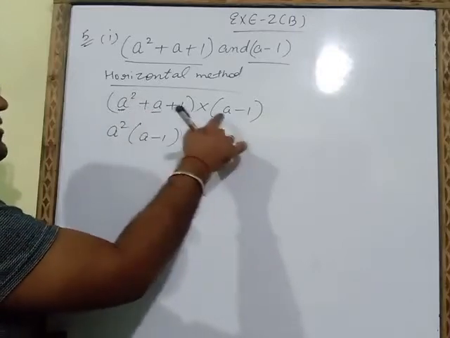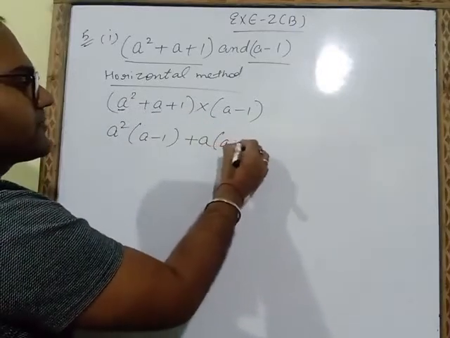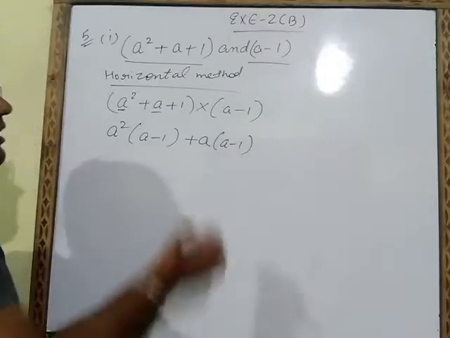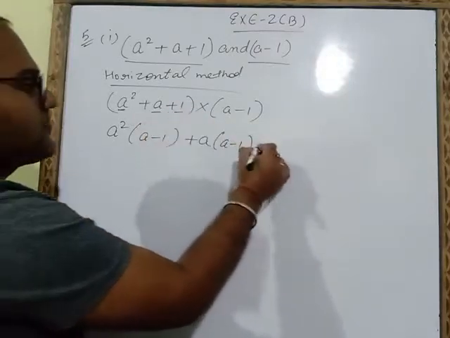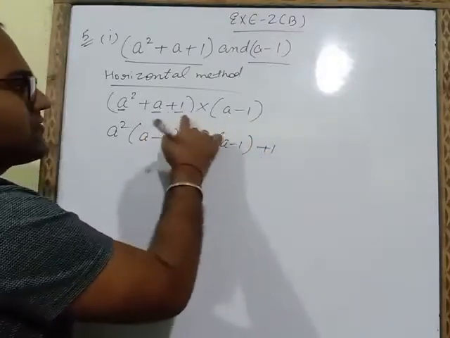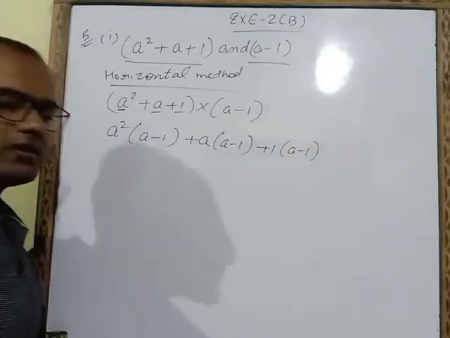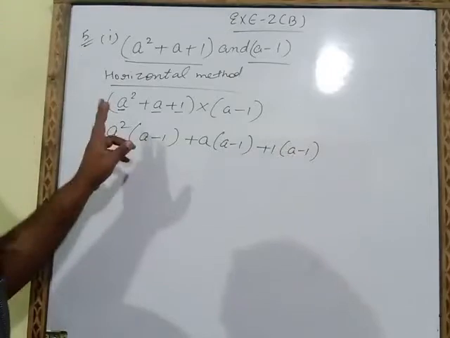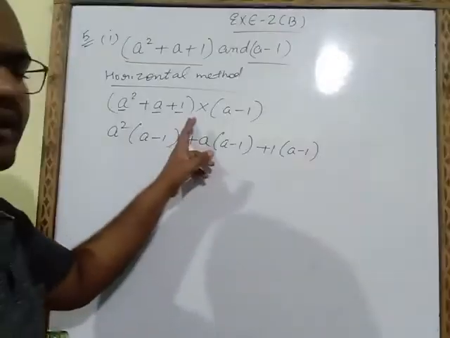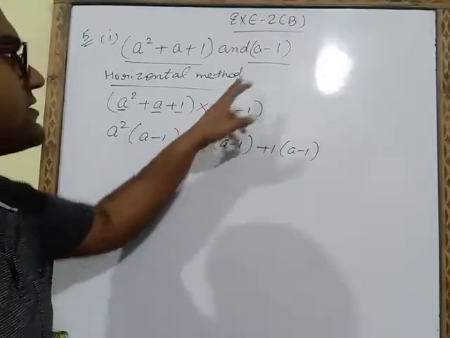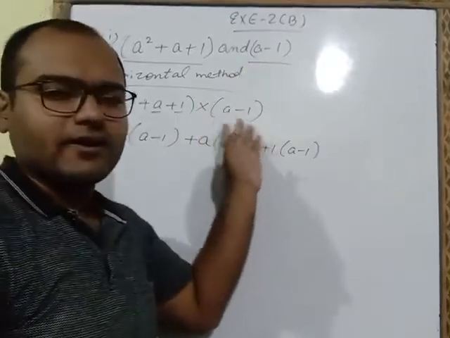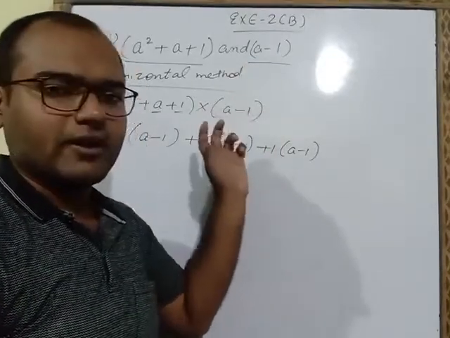This plus a we have to multiply with the full bracket. Now the third term also we will take. The third term is plus 1. This plus 1 we have to multiply with the full bracket. So what we have done here: the first algebraic expression is written in one bracket, and the second algebraic expression in another bracket.